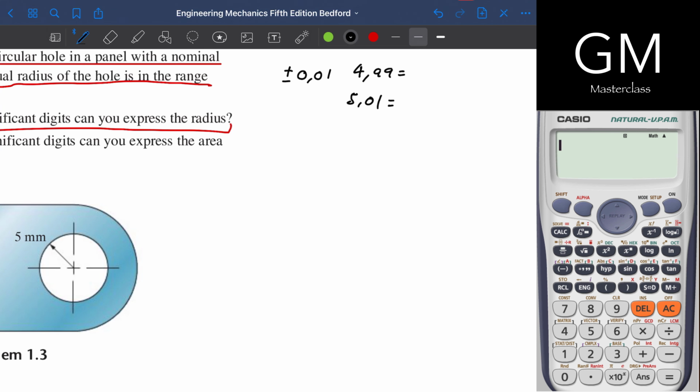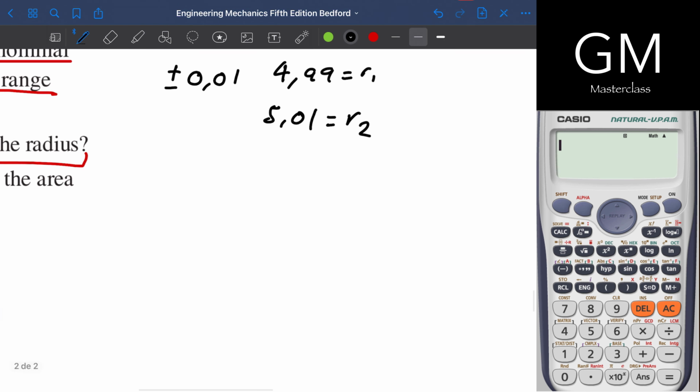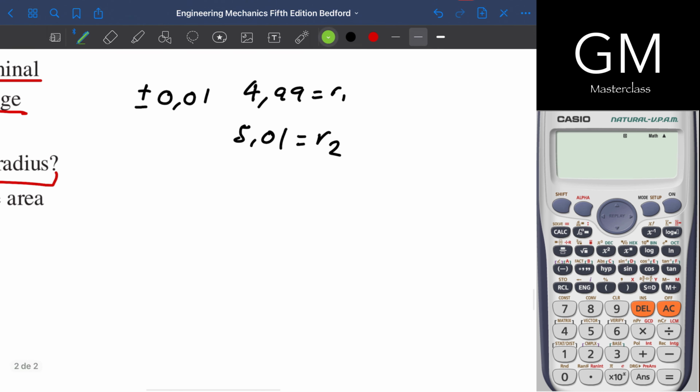We're going to call this R1 and this R2. So, what number could I use to maintain the value?